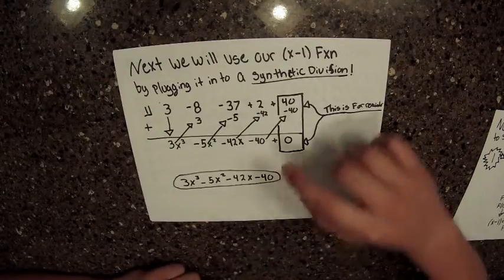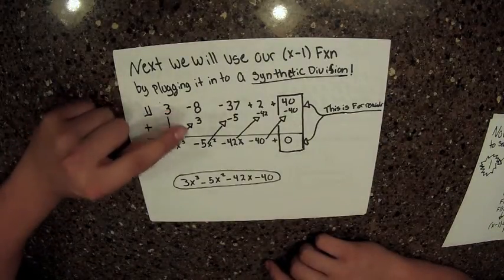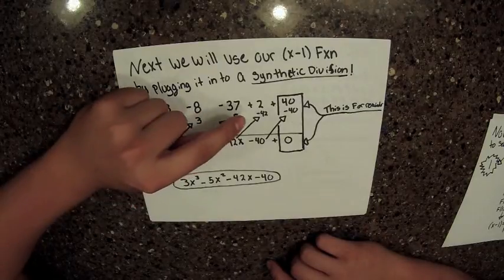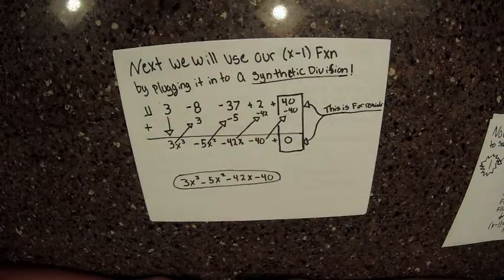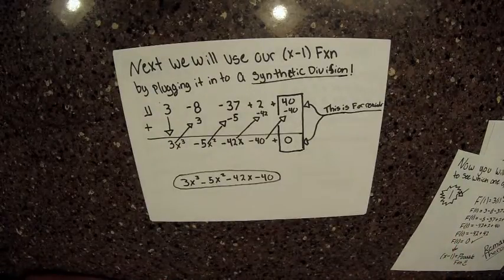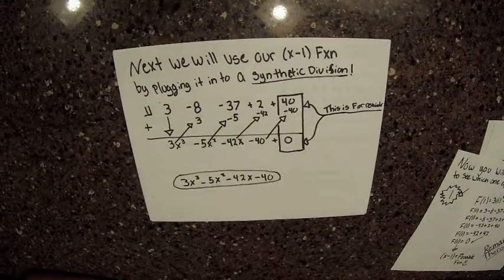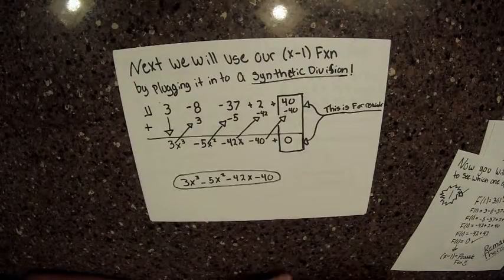Now, these numbers up top, 3, negative 8, negative 37, positive 2, and positive 40, are all the numbers from our original equation, which was f of x equals 3x to the fourth minus 8x cubed minus 37x squared plus 2x plus 40.